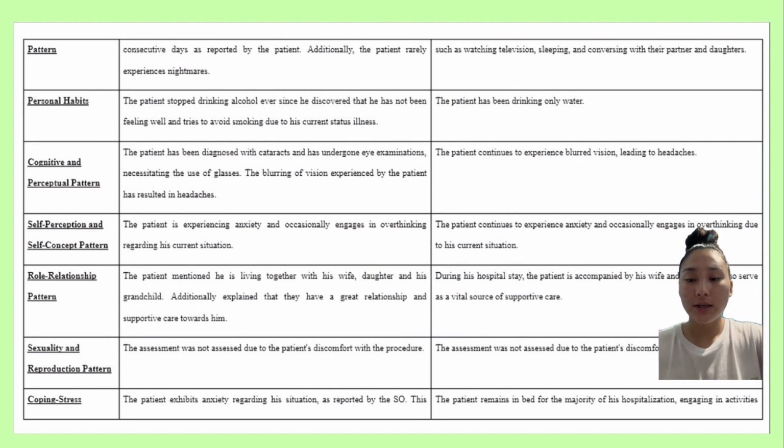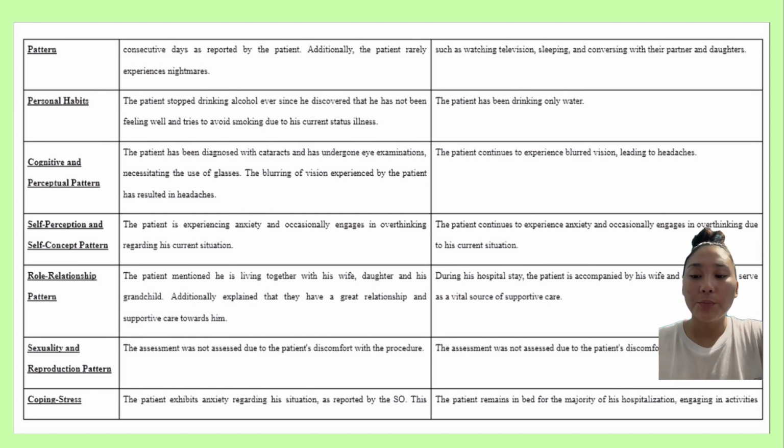Next is sexuality and reproduction pattern. So before hospitalization, the assessment was not assessed due to the patient's discomfort with the procedure. Same with during hospitalization, the assessment was not assessed due to the patient's discomfort with the procedure.